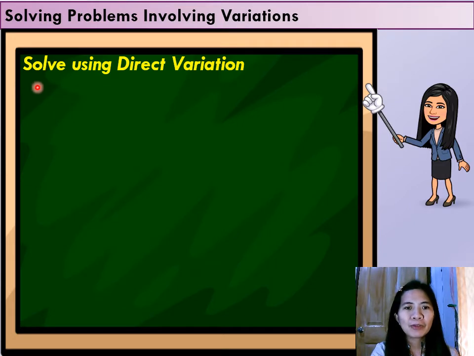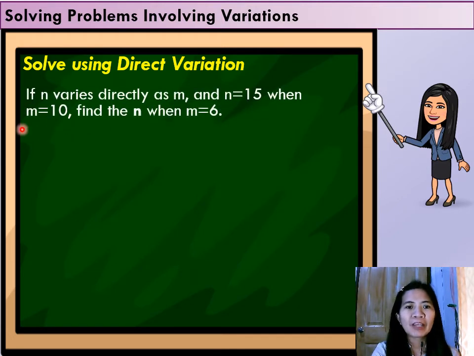Okay, so we have to solve using direct variation. If n varies directly as m, and n equals 15 when m equals 10, find n when m equals 6. Given this problem, we are going to solve for n when m equals 6.